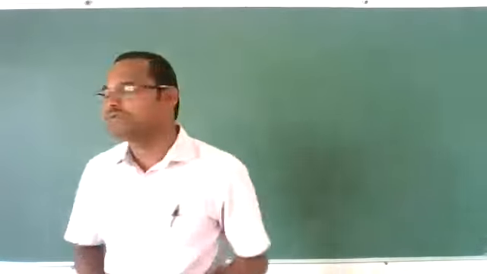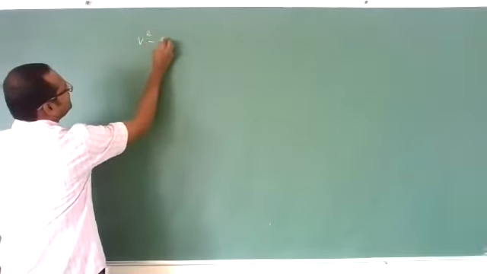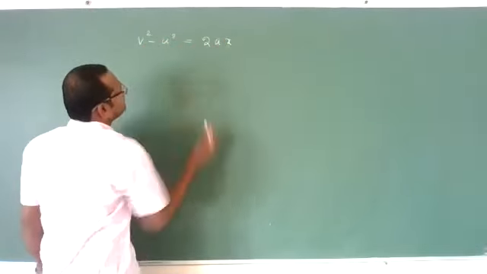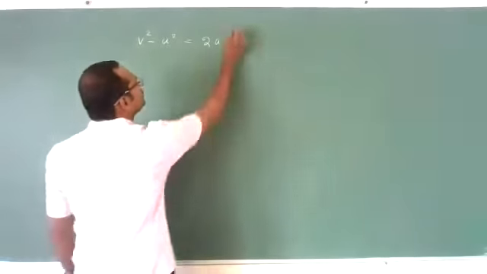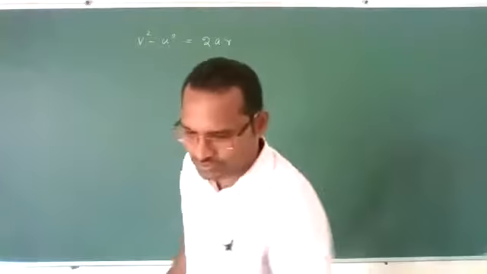Clear? So we have one more equation: final velocity square minus initial velocity square is equal to 2as, where s is the distance or displacement.